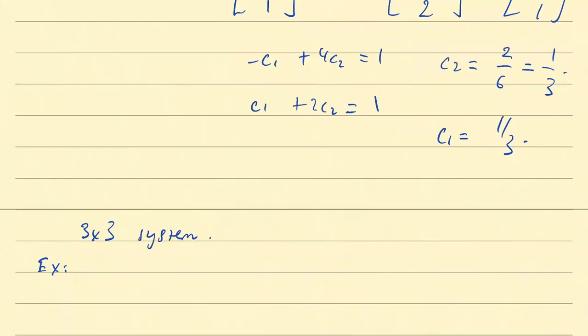So you need to handle 3x3 systems for eigenvalues, eigenvectors. I'll work some of them out in class for you, but I think 2x2 is too easy in terms of how it washes out a lot of linear algebra structure. So you need to be responsible to know how to do eigenvalues, eigenvectors for 3x3 matrices.